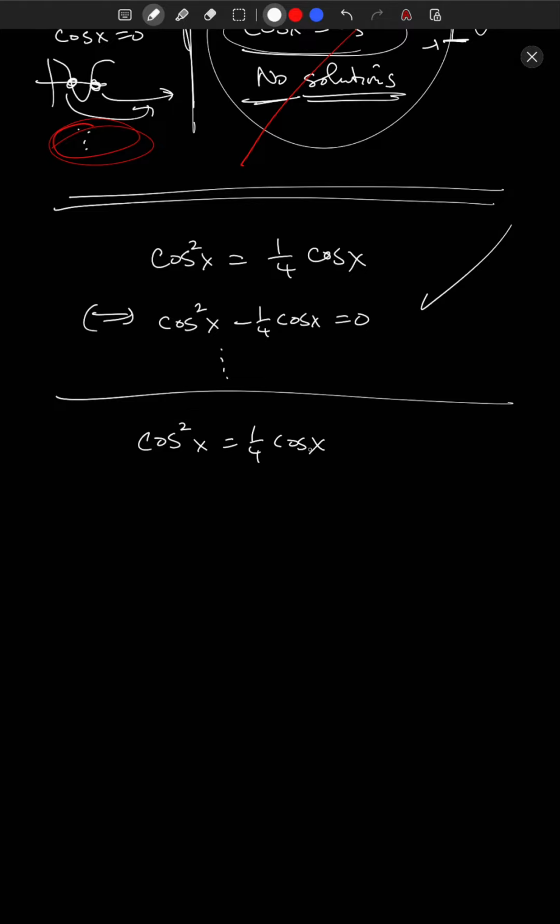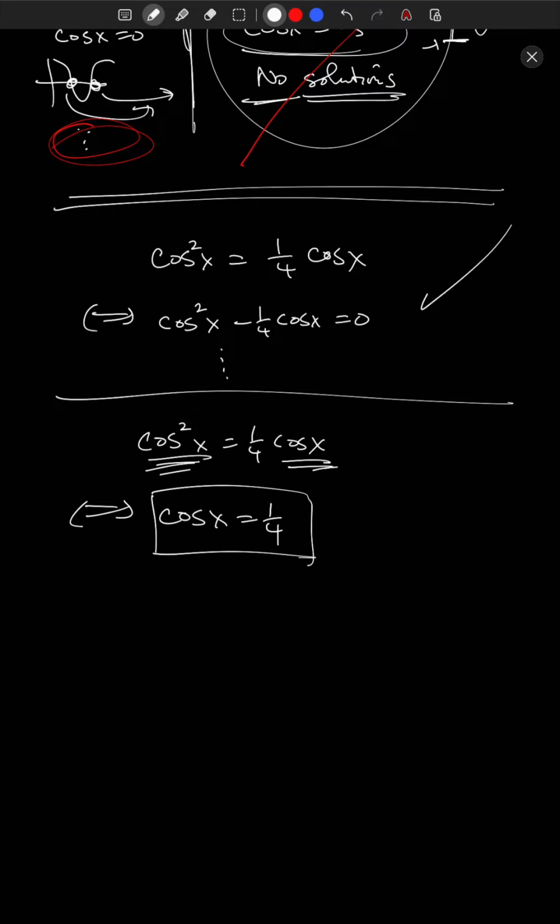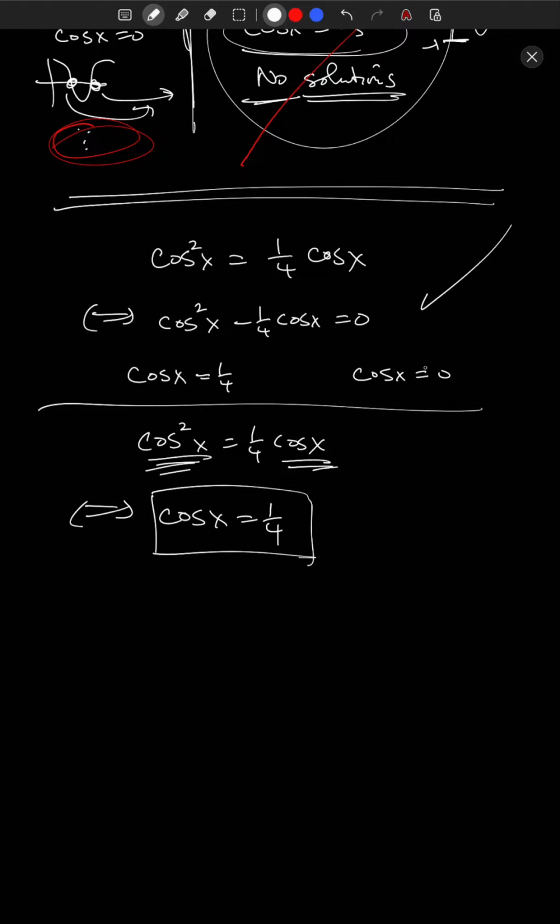I see a cosine x here and a cosine squared x here, so it's very tempting to cancel the cosine x's, and then I would have cosine x equals 1/4. But if I do this, I'm only going to get half the solutions that I should get. If I did this the correct way up here, I would end up with cosine x equals 1/4, and on the other side cosine x equals 0.